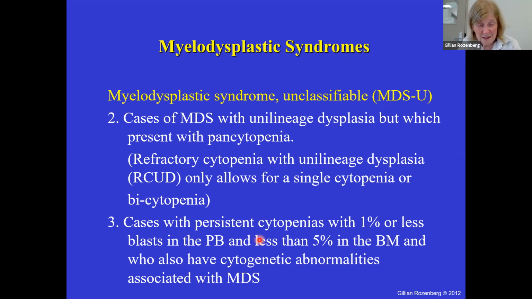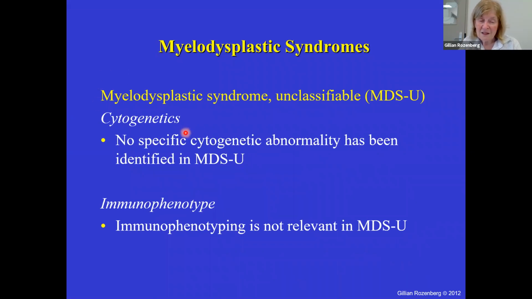And cases with persistent cytopenias with 1% or less blasts in the peripheral blood and less than 5% in the bone marrow, and who have also cytogenetic abnormalities associated with MDS. So there's no specific cytogenetic abnormalities in this group, the unclassifiable group, and immunophenotyping, again, is not relevant because there's not enough blast cells.